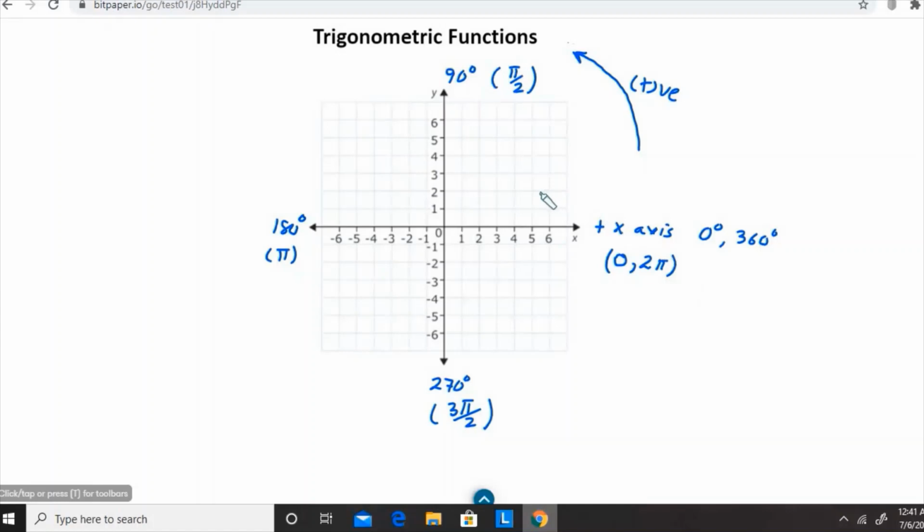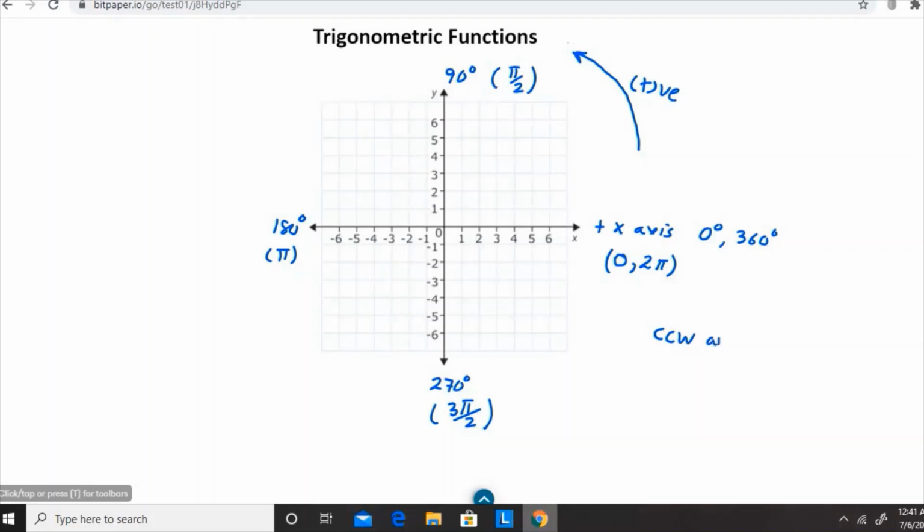So if you have any angle in the first quadrant, you should know that it should be between 0 degrees and 90 degrees. In the second quadrant, the angle should be between 90 degrees and 180. In the third quadrant, 180 degrees and 270 degrees. So like that, okay?